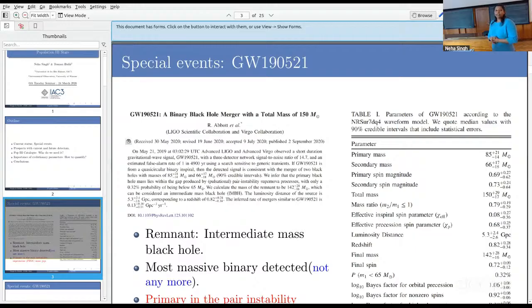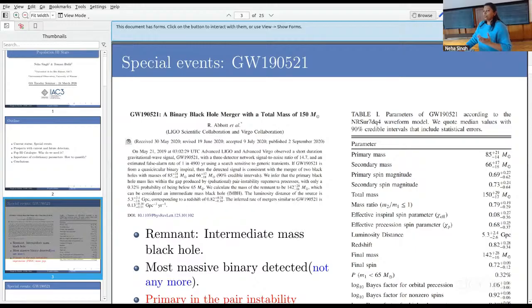Now, given our understanding of how pair instability supernova works, we don't expect black holes to exist in that mass gap. Although this mass gap is not a very strict boundary, some of the analysis says from 50 to 100, some say 60 to 120 or 65 to 130. But essentially the primary mass here, the median being 85 solar masses, lies in this mass gap, however you define the boundary.